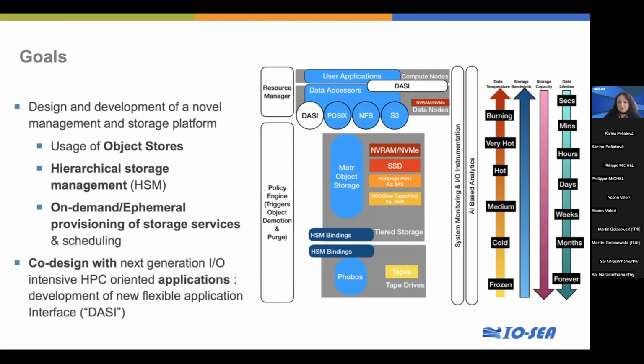And here on the scheme, you can see that the project deals with different levels of storages with different data temperatures. And today we will focus on the cold and frozen levels of the storages.